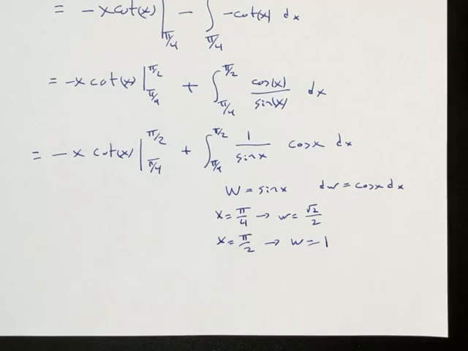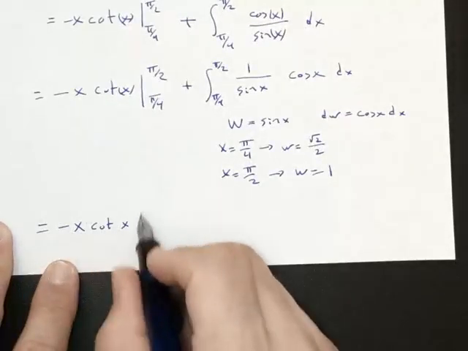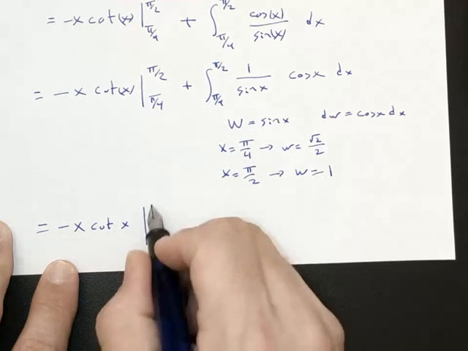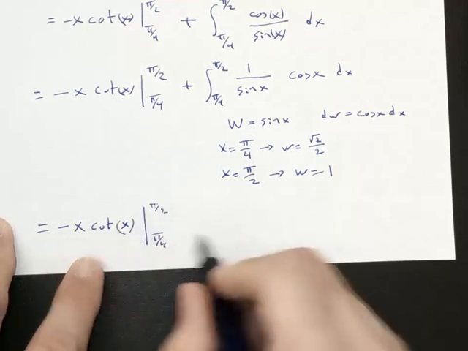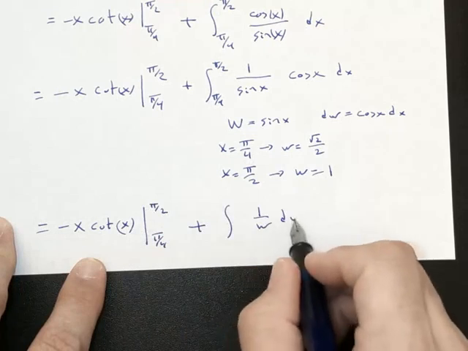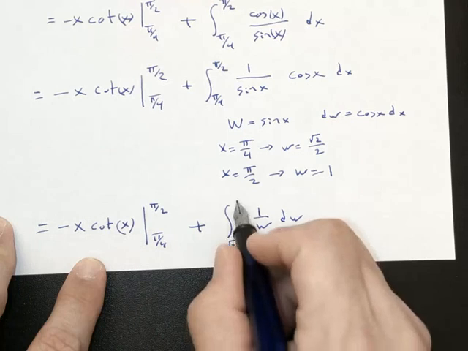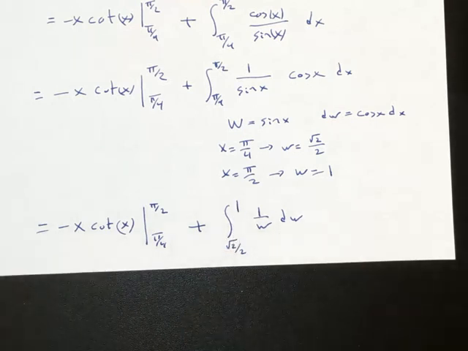And I change my numbers. Sine of pi over 4 is square root of 2 over 2. Sine of pi over 2 is 1. So this integral now has different numbers on it.